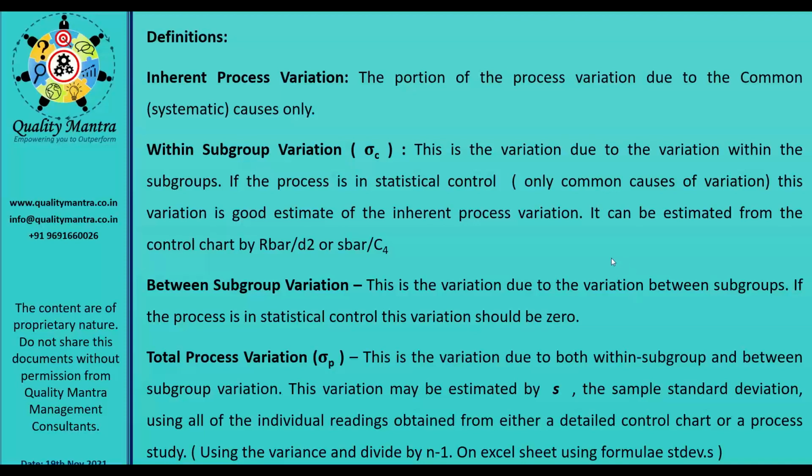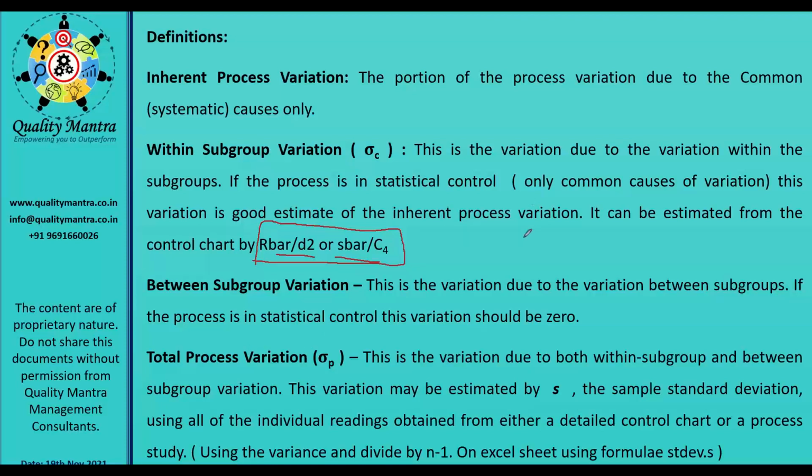For the purpose of understanding, just keep in mind, for calculating the capability, you are going to use the standard deviation estimated using R bar by d2 or S bar by c4.